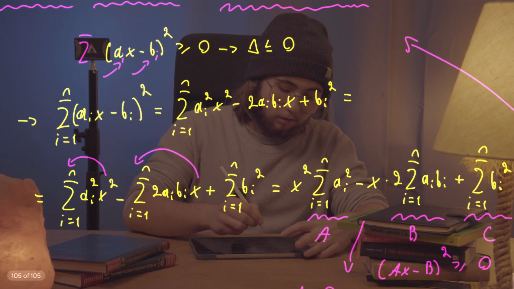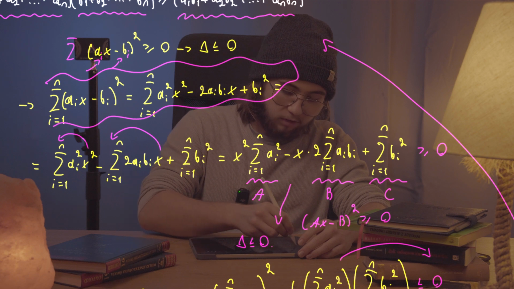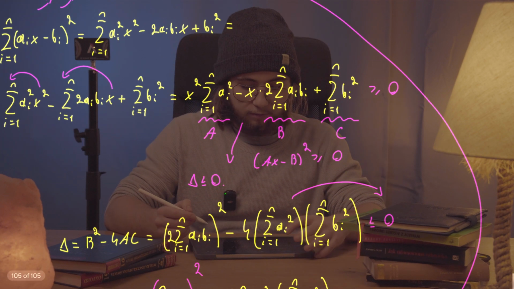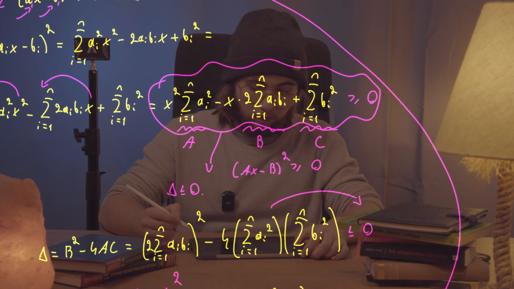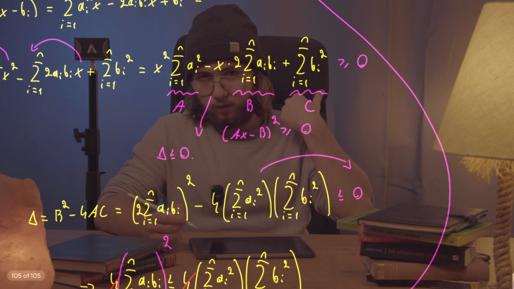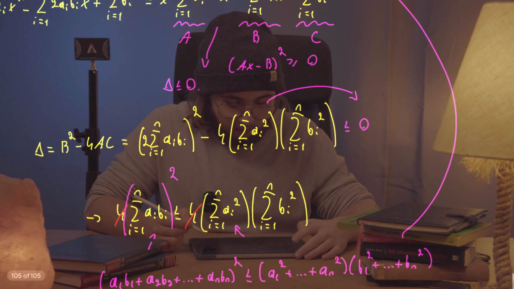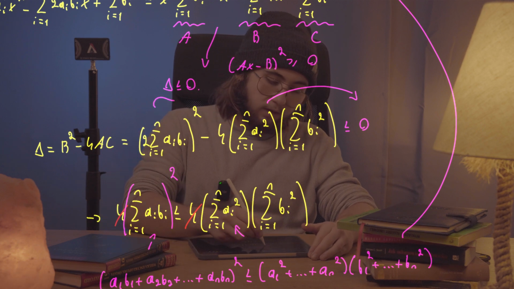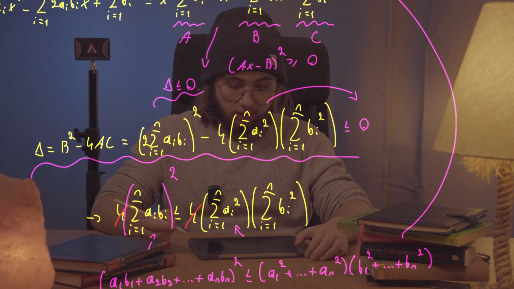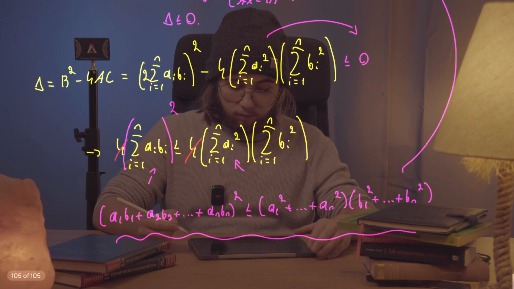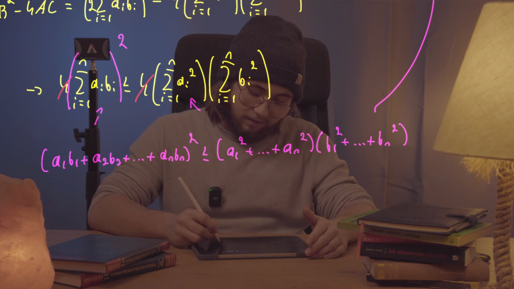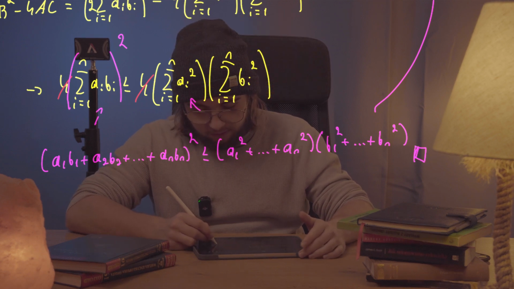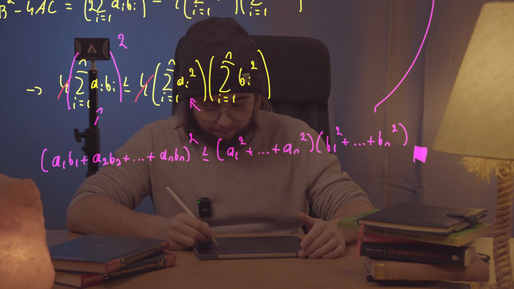What we did then is play around with the sum of all of those quadratics to arrive at the conclusion that the sum of all those quadratics is itself a quadratic that is greater than or equal to 0, so it will have a discriminant that is less than or equal to 0. We calculated that discriminant in terms of sums involved in the Cauchy-Schwarz inequality, getting that the Cauchy-Schwarz inequality holds. So we can put a nice checked box right here.